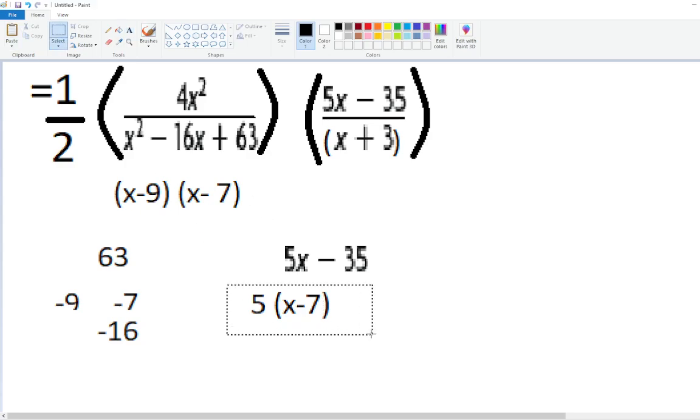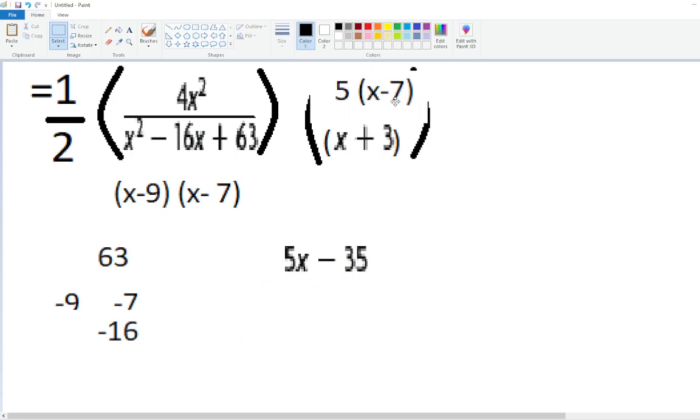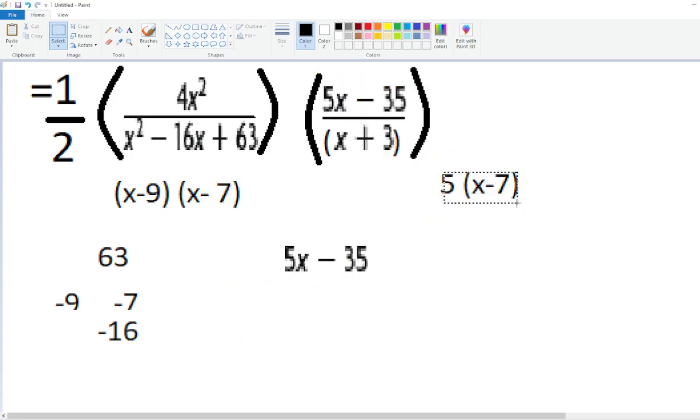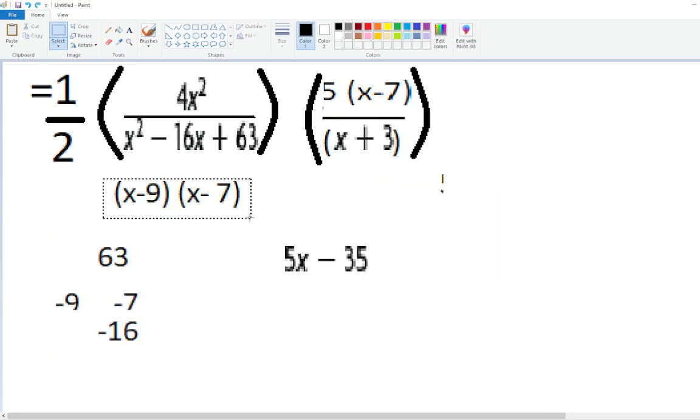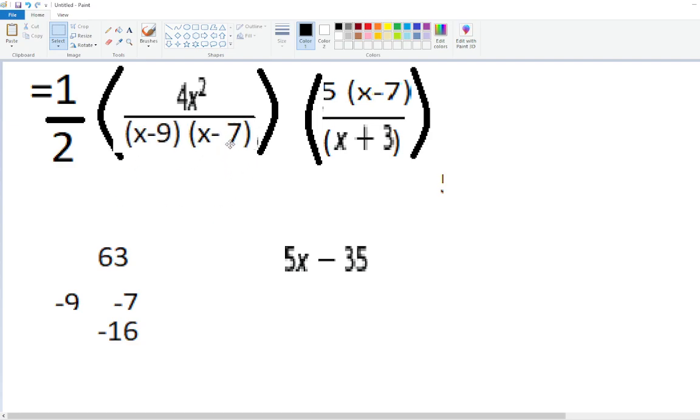Now before you start eliminating everything, so I can replace this with this. Before you start eliminating things, find your restrictions. So it's anything at the bottom. Oh, I forgot to replace this here. Anything at the bottom, you just set to 0. So anything that's in factored form. So this can't be equal to 0, and this can't be equal to 0, and this can't be equal to 0 right here.